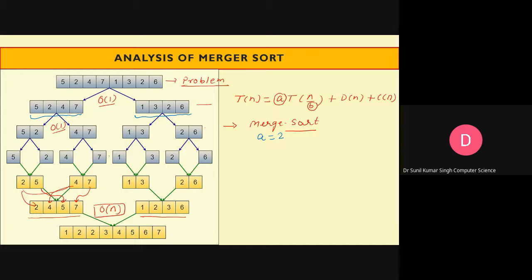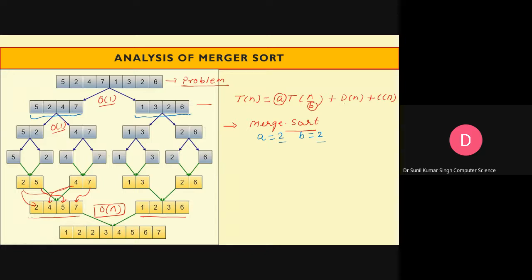Each sublist is going to contain almost equal number of elements. So here B is also going to be 2, because in the problem there are 8 elements, and subproblems containing 4 elements, similarly 2 elements, and so on. So here the value of A and the value of B will be 2.